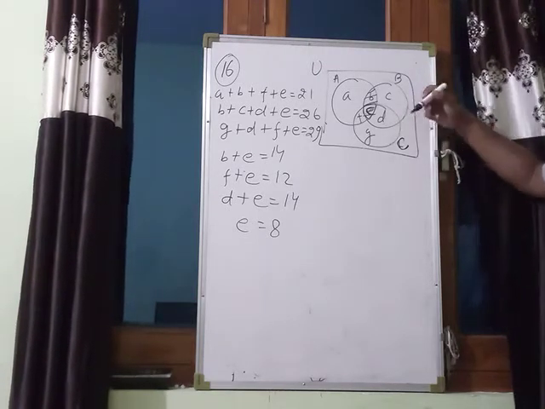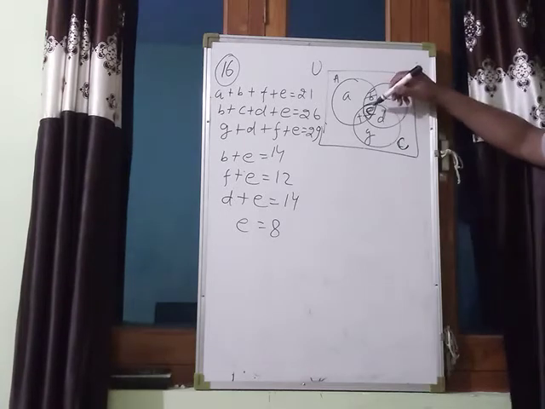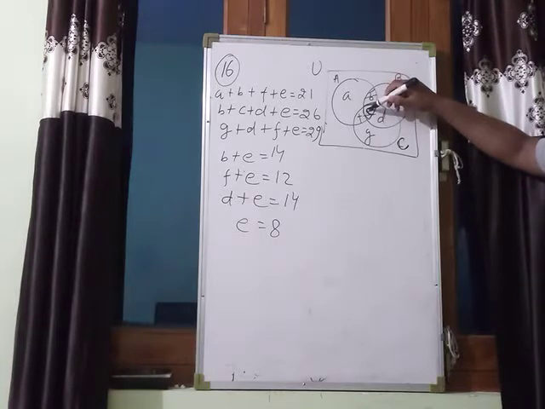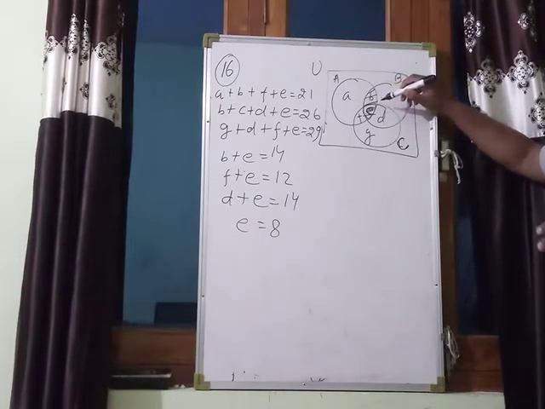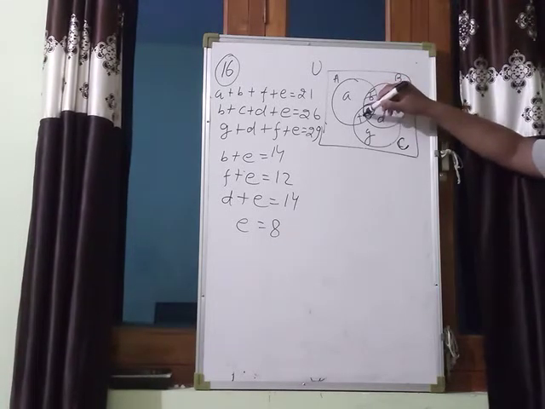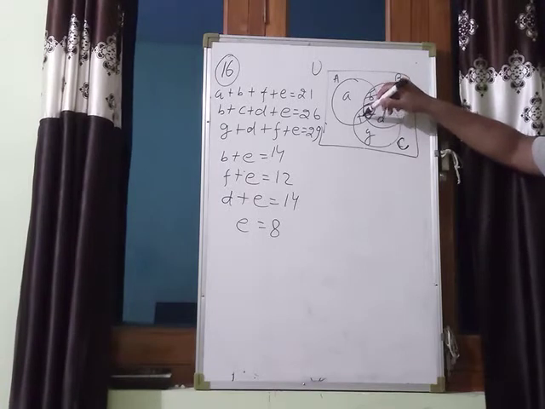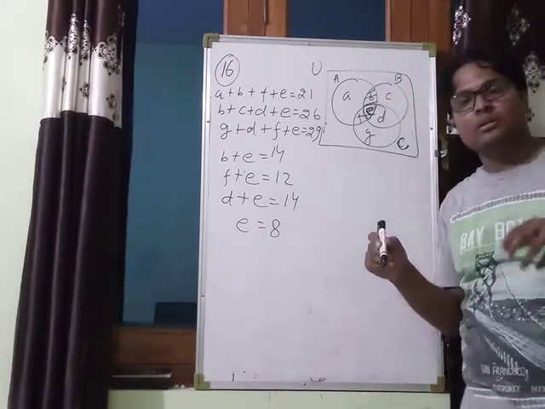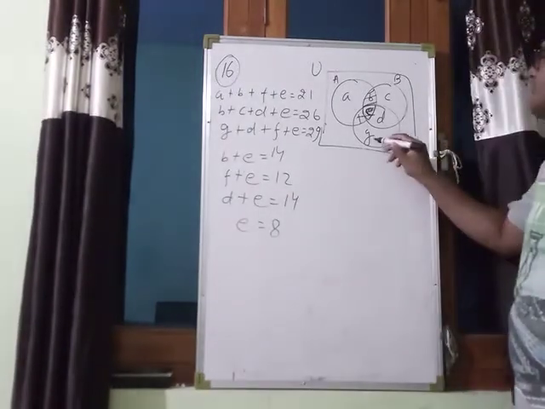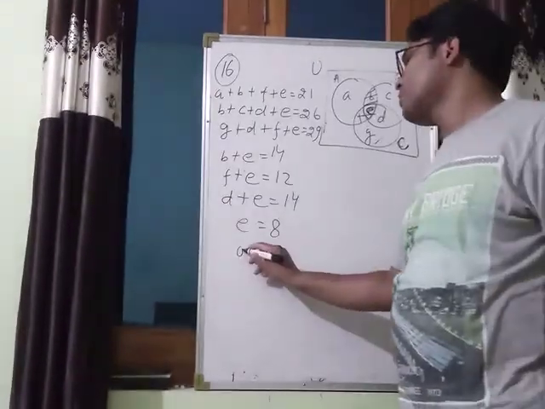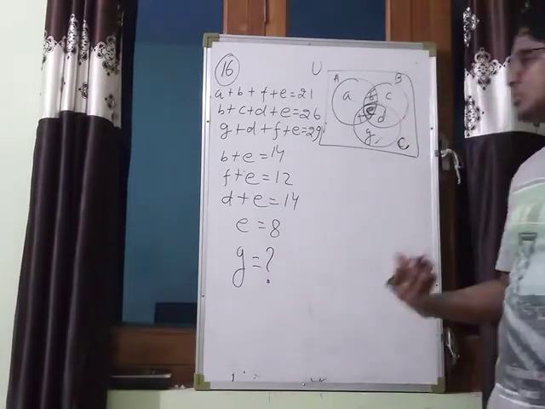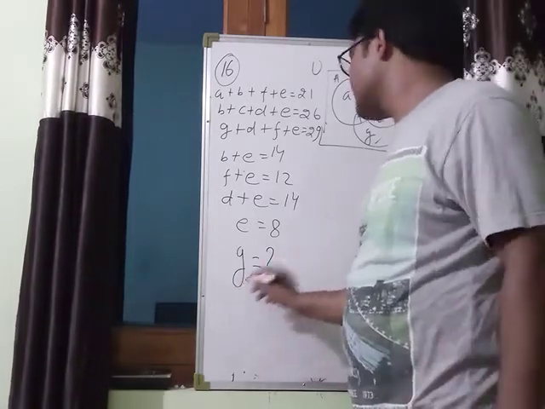This E is also in C, but we cannot take it because E likes all the three. We cannot take F either because it likes A and C both. The question asks only for C, so only C means we have to find G. What will be the value of G? This is what the question wants to ask us.